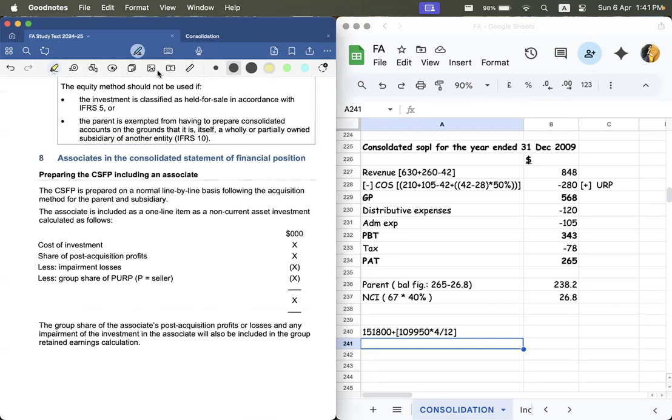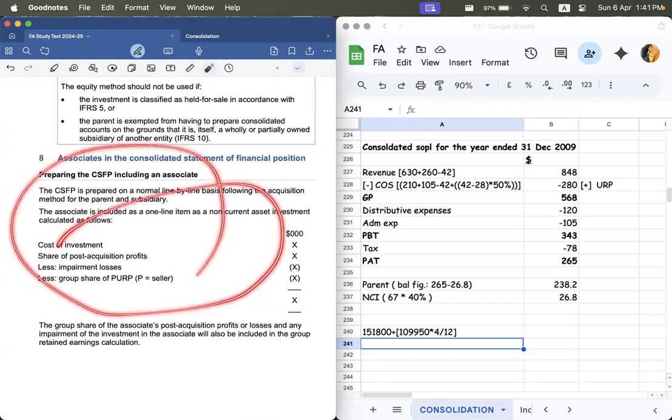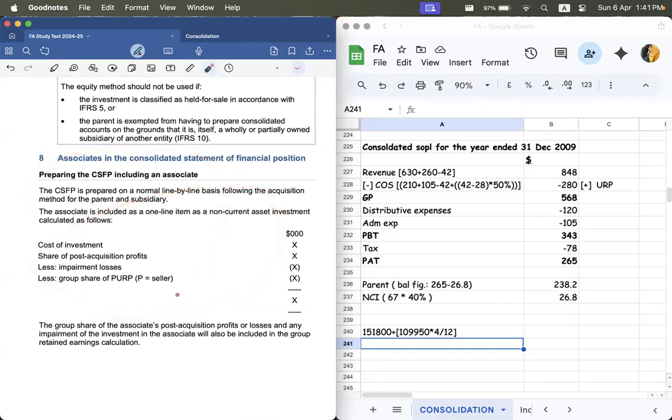This is just for knowledge purposes. This is what happens when you acquire an associate, which would be between 20 to 50 percent. How do you calculate the amount of associate? You take the purchase consideration and add the post-acquisition profit, that is, the profit you get from the associate after acquisition.